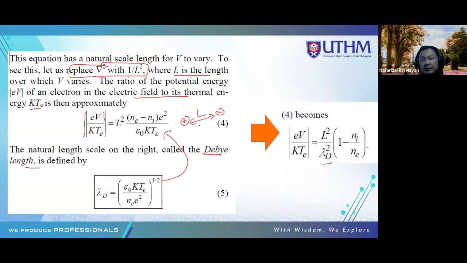Lambda is a function of the value that we substituted from here. We name this lambda the Debye length. With this lambda, we can evaluate the length of the distance. I'll show you.